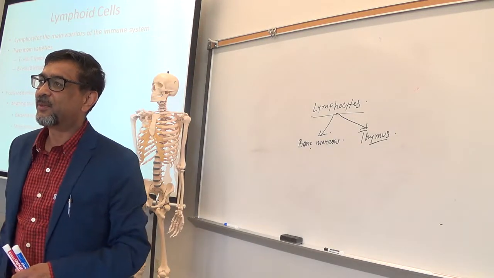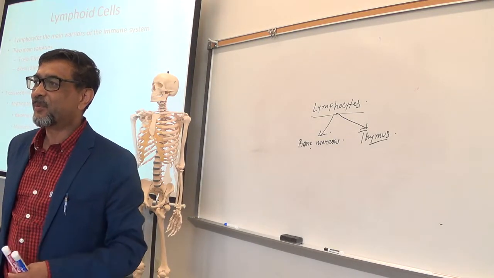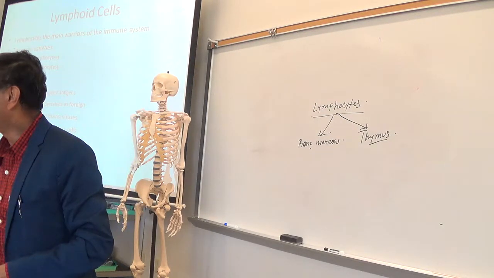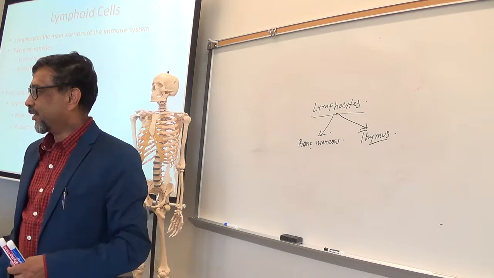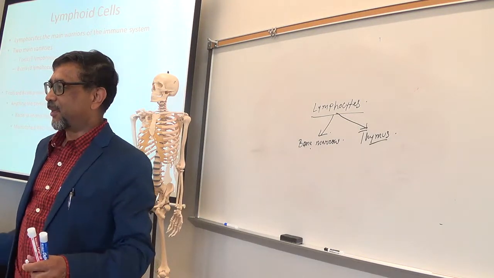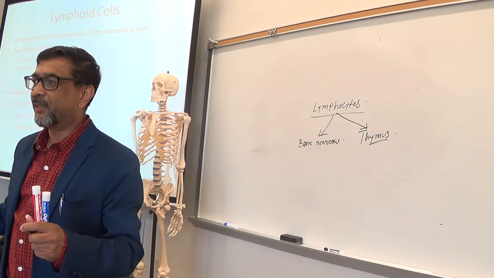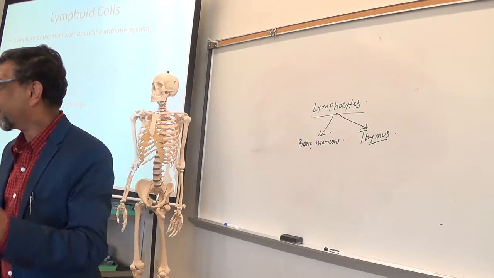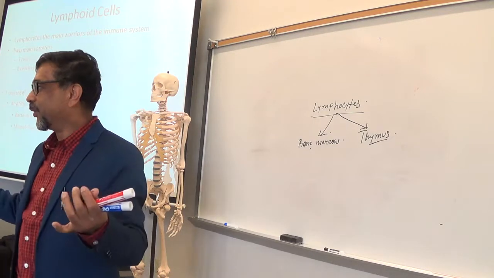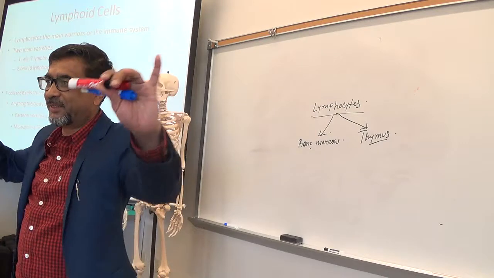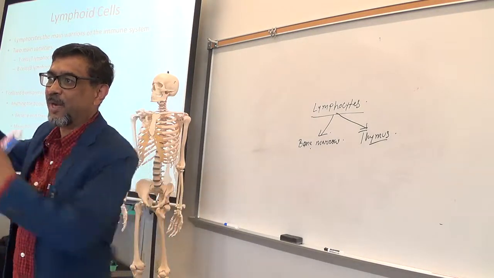Lymphocytes do what? Fight. Yeah, lymphocytes fight, right? So they learn how to fight. You know, when young kids are recruited in the army, they don't know how to fight, but they are trained, right? They are sent to different types of trainings: you learn this, you learn that.